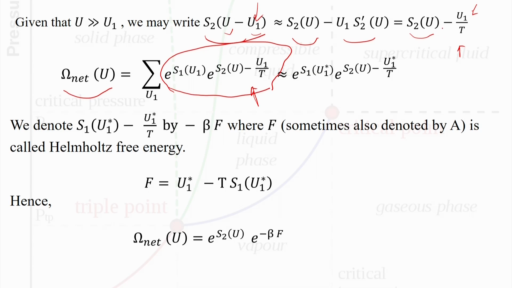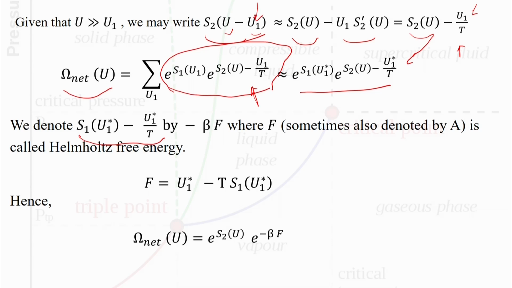So, now I am going to go ahead and substitute this expression here. I have already done that here. This is S2, and then I end up getting this product, S1 times S2 of U2, which I have written like this. Now, of course, I can pull this S2 of U outside, and if I just focus on the most probable energy contributions, I end up with this difference, that is the entropy of the system at its most probable energy minus the most probable energy divided by absolute temperature.